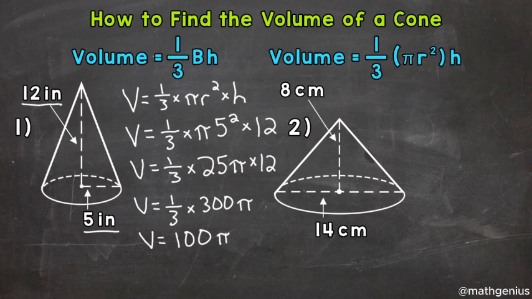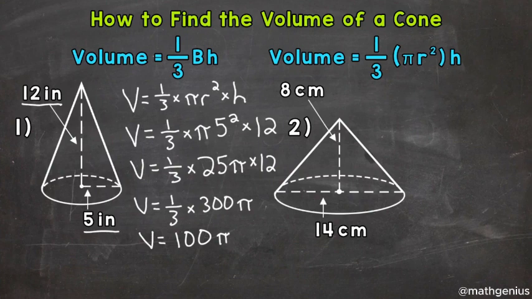Now I'm going to calculate the exact volume by multiplying 100 times pi, and I'm going to use the pi button on a calculator. Now it's common practice to also use the rounded version of pi, 3.14. Both are correct, but know that answers will vary slightly depending on if you use the rounded version, 3.14, or the pi button on a calculator.